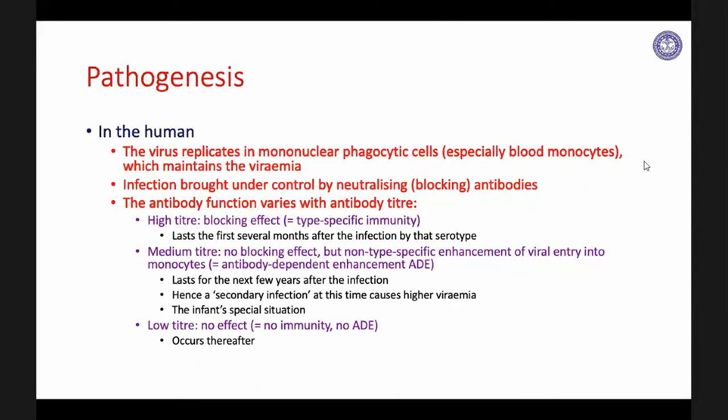Therefore, if by some chance we get a second serotype infection while the first serotype's blocking antibodies are present at a medium level, we run the risk of getting this antibody-dependent enhancement and therefore getting dengue shock syndrome or dengue hemorrhagic fever.